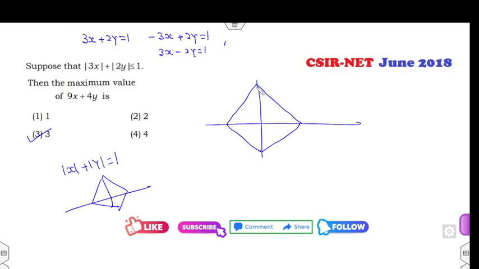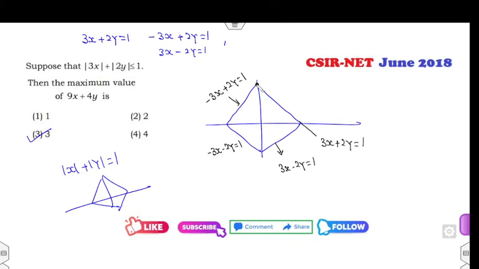Fine. So now you can find the coordinates. These are the equation of 3x plus 2y is equal to 1. Similarly, you can write this equation. X is positive, this equation is my 3x minus 2y is equal to 1. This equation is minus 3x plus 2y is equal to 1, and this equation is minus 3x minus 2y is equal to 1.